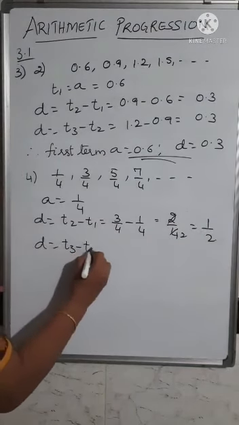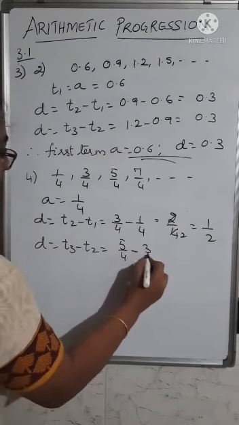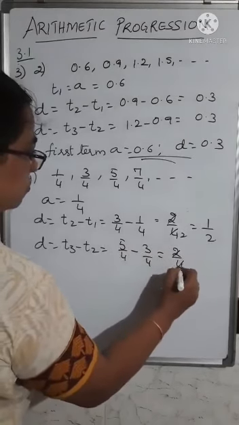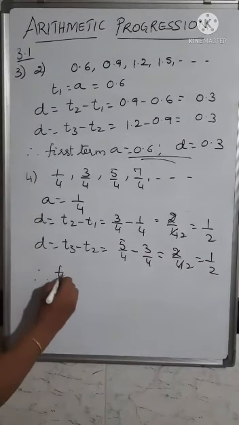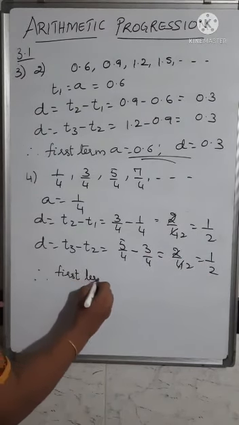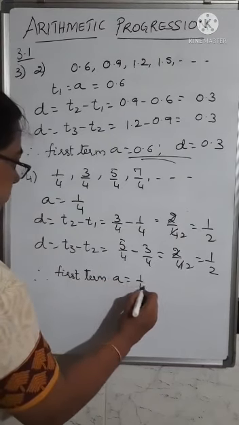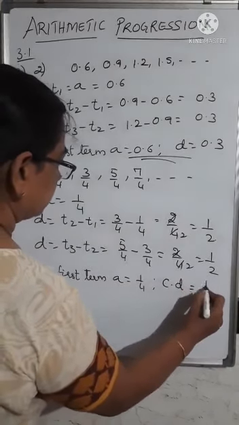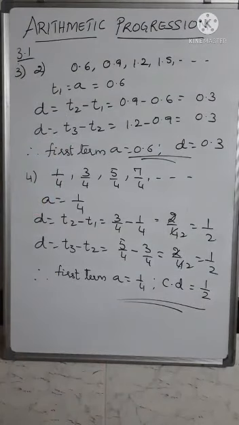T3 minus T2 is 5 upon 4 minus 3 upon 4. So 5 minus 3 is 2 upon 4, which is equal to 1 upon 2. Therefore first term A is equal to 1 upon 4, common difference is equal to 1 upon 2. So like this, find the first term and common difference.